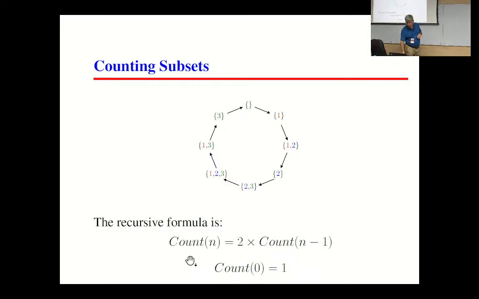One is simply the recurrence: if you have n things, either the subset includes the nth element, or it doesn't. So the number of subsets of n things is 2 times the number of subsets of n minus 1 things. Once you've got a recursive formula, you can count. And now you guys know how to count. You already knew how to count subsets. That much I know.